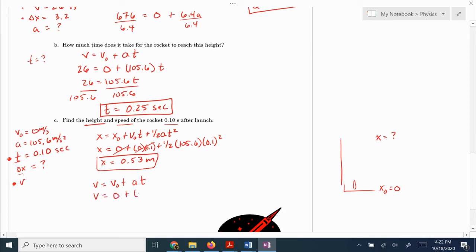Initial velocity is 0. And 105.6 times 0.1 is 10.56. Well, really, I guess I would round to 10.6 meters per second.